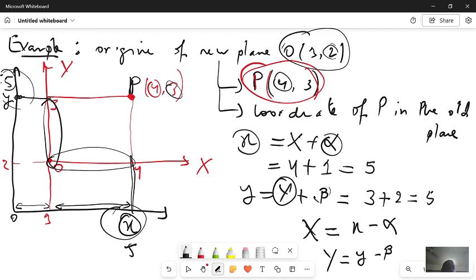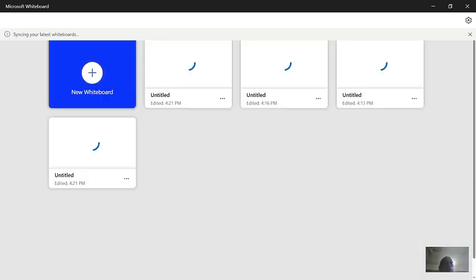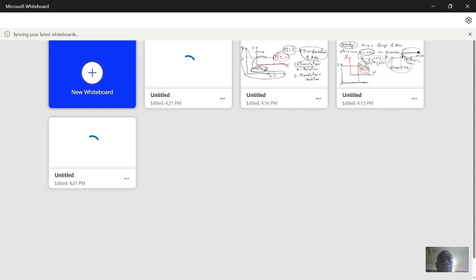That is what we do in translation. You see, in translation the origin changes because we move from the first plane to another plane, but the direction is the same. Now we'll discuss rotation.